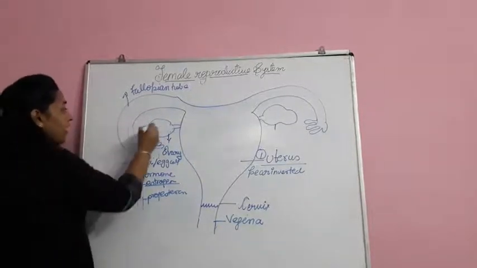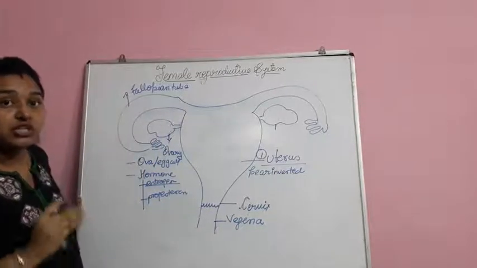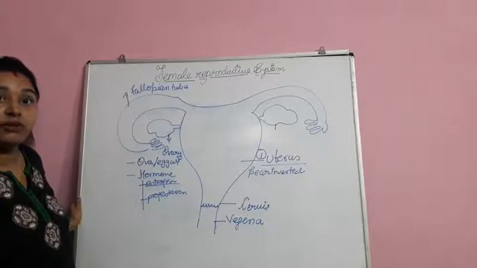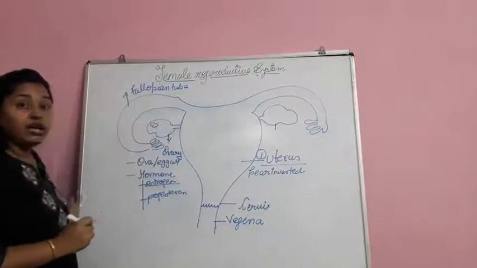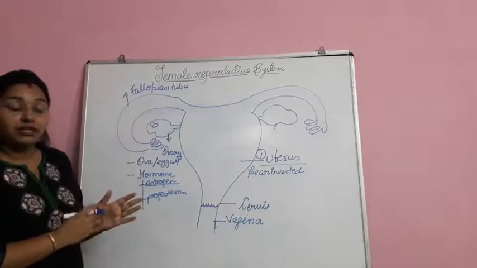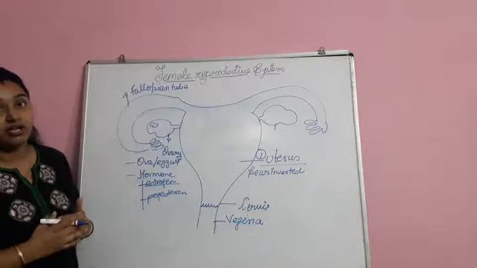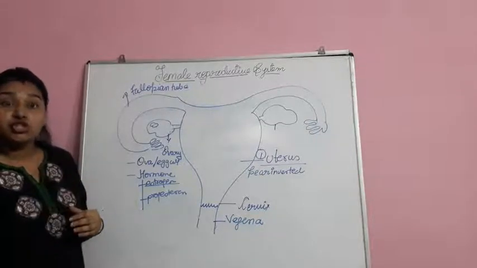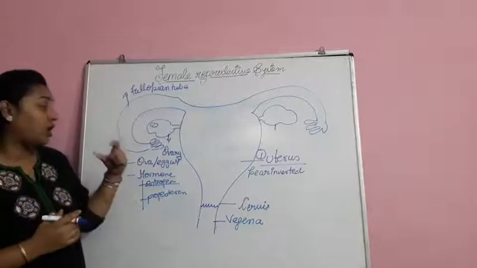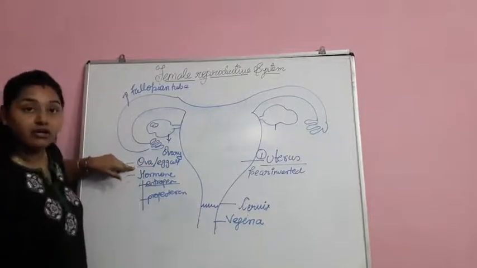In the human female there are follicles which keep developing each and every month. These follicles are at the primary level, then they get converted to the secondary follicle and then the tertiary follicle. When the tertiary follicle matures, the ovum comes out of that follicle.